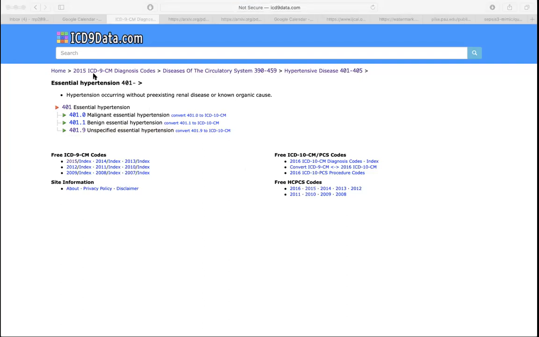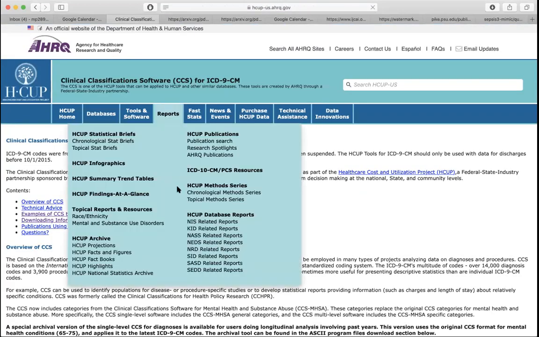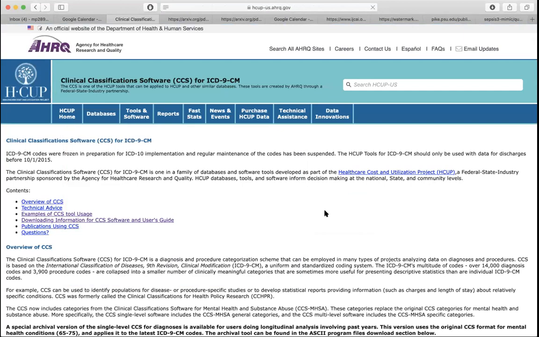Let me actually look it up as well. Right. Hopefully, people would remember this one. This is also another hierarchy for ICD-9 disease codes.